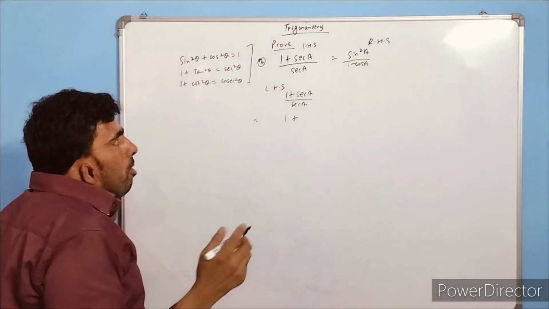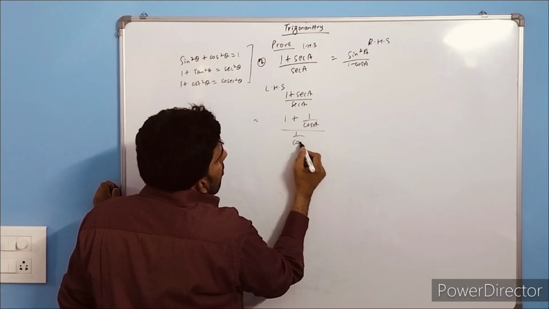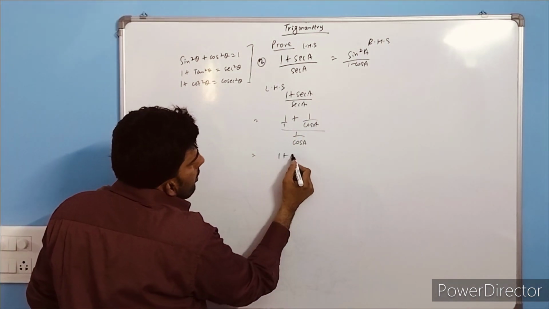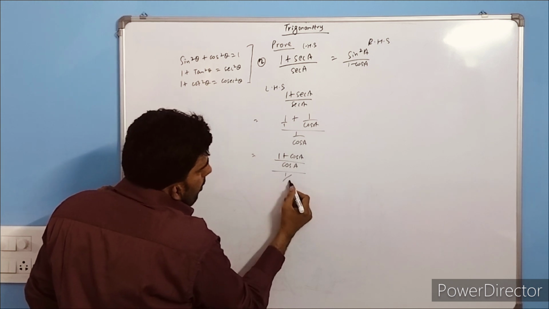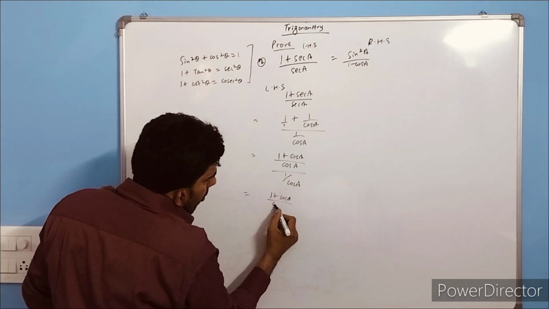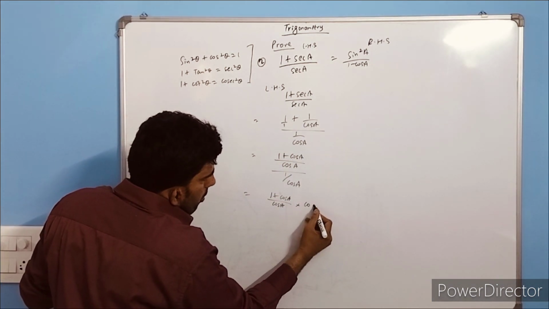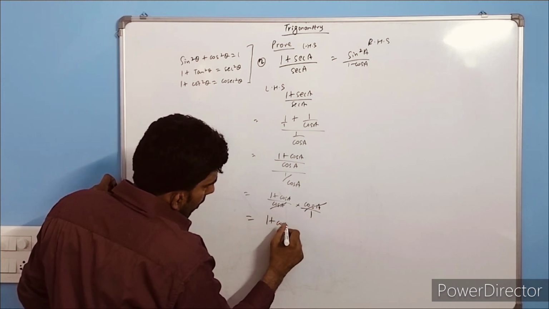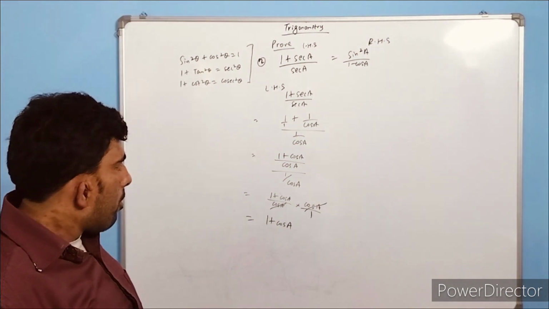We can write sec A is equal to 1 upon cos A. Here also I can write 1 upon cos A. Now taking the LCM, (1 plus cos A) upon cos A, upon 1 upon cos A. Take this upside, so you get cos A upon 1. Here it is reduced, I get 1 plus cos A. So this is what I have solved about LHS.